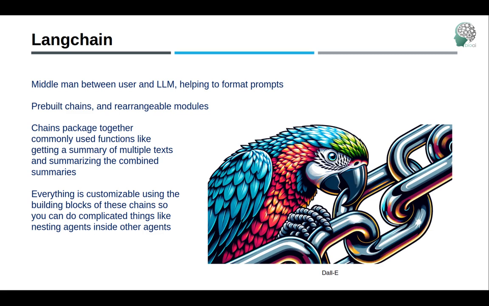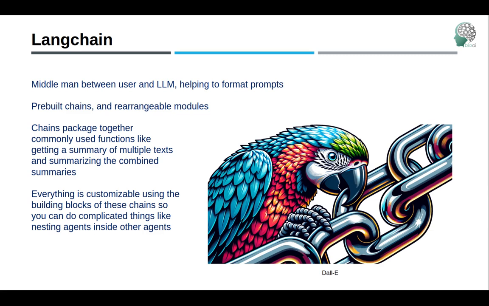So I'll talk about that a little bit with agents and memory, but a lot of this stuff you can kind of do if you open up ChatGPT. You can sort of get a lot of these features yourself by tediously copying and pasting things or adding chunks of documents, but it can be very powerful to not have to do that. And so that's where these frameworks come in.